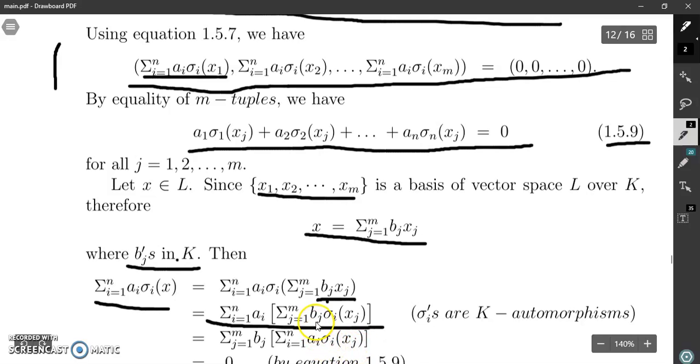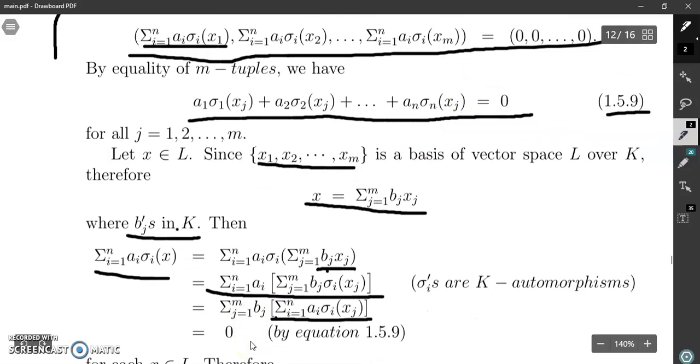But sigma i xj, observe that this will be a1 sigma 1 xj plus a2 sigma 2 xj plus dot dot dot an sigma n xj. From 1.5.9 we see that this is 0. It means it will be 0.